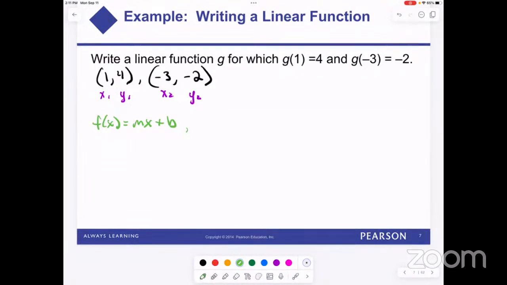Another formula to have ready to go is the slope formula. And so the slope is going to be what? The rise over the run, which is the change in y over change in x. So that's going to be y2 minus y1 over x2 minus x1. Let me clean this up.